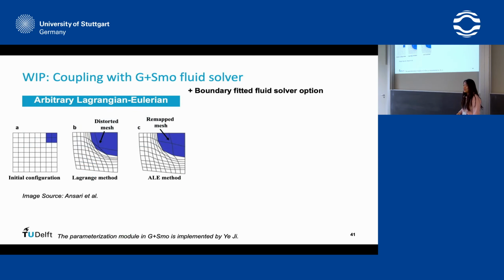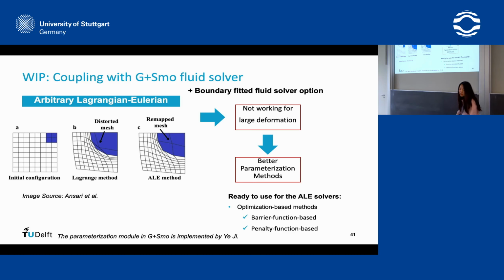Since our ultimate goal is to have an IGA-based fluid solver, there is an ALE-based fluid solver available in G+Smo, but it's not very nice. Because for this ALE solver, when the mesh deformation becomes very large, you can't do your simulation anymore. So we developed a better parameterization method to allow large deformation.